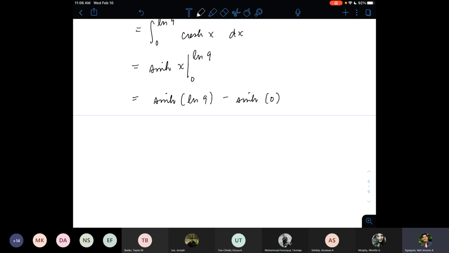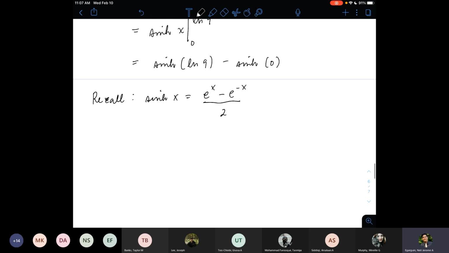To find the actual numerical answer here, we need to recall several concepts from Cal 1 for this problem. Recall that the hyperbolic sine of x is e to the x minus e to the minus x all over 2.